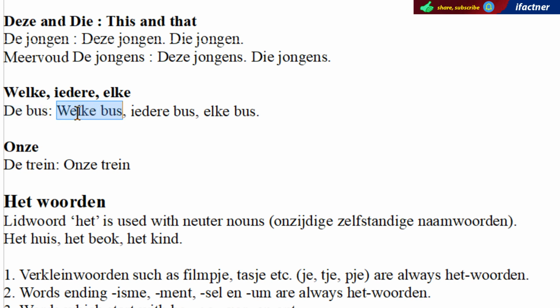We have to add an e at the end. Iedere bus, every bus. Elke bus, every bus. Similarly, if the word starts with de, then we use onze for our. For example, de trein, onze trein. De bus, onze bus.